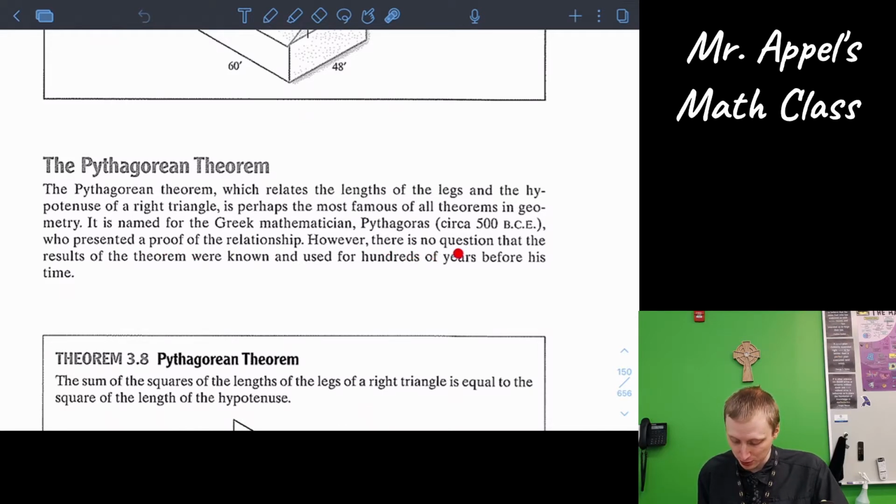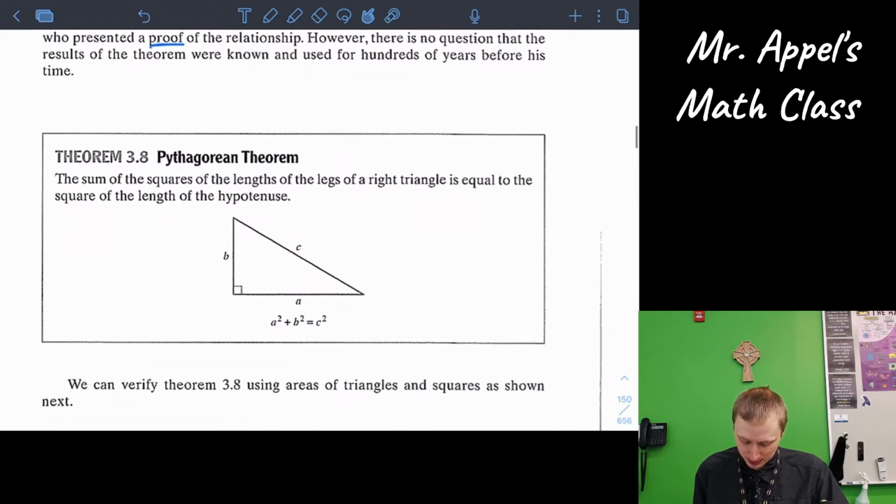However, there is no question that the results of the theorem were known and used for hundreds of years before his time in several different civilizations, including Egypt, Babylon, and ancient China. He's just the first guy that wrote the proof for it, but others have very much demonstrated it.